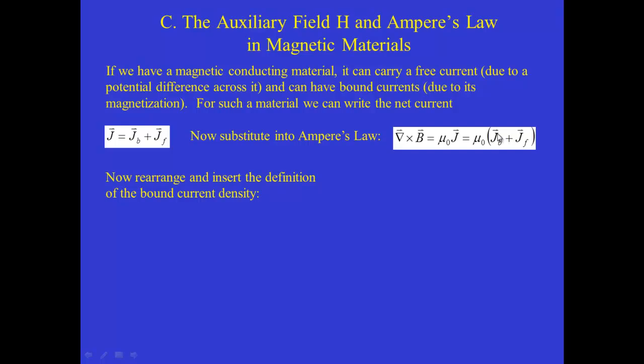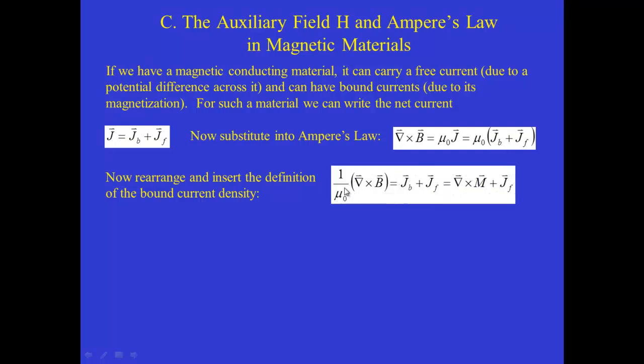Remember, J bound is equal to the curl of the magnetization M. So I'm going to divide both sides by mu naught, so we have 1 over mu naught times the curl of B equals, of course, just J bound plus J free, but now we substitute in for J bound the curl of M.